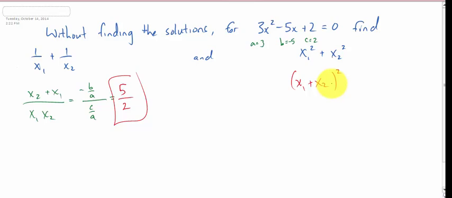It's not just x1 squared plus x2 squared. But if it was, it would be nice, right? Well, what if we subtracted 2x1x2? Because when we FOIL this, we get x1 squared plus 2x1x2 plus x2 squared. If I can subtract that guy from there, we're looking pretty good.